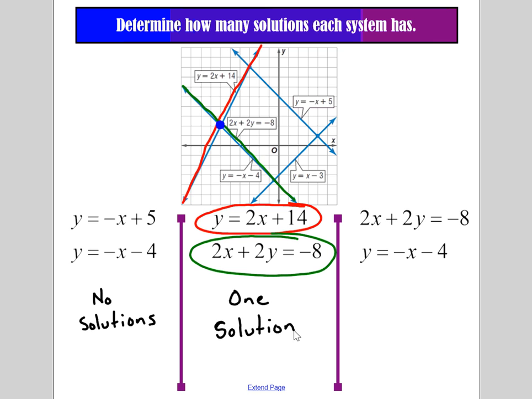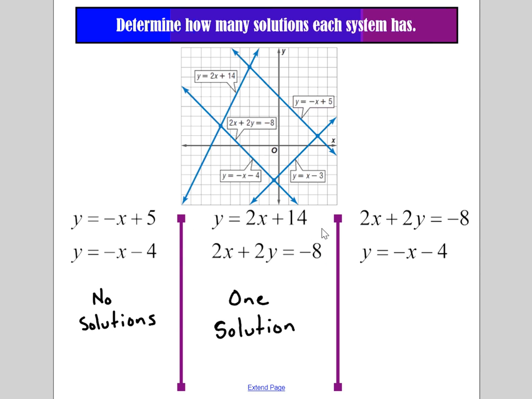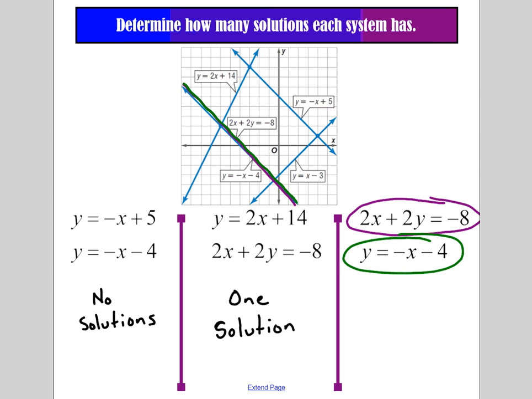And we'll go ahead and erase that. Our next example is 2x plus 2y equals negative 8. So we get this line right here. And we also have y equals negative x minus 4, which is also that line right there. So that is actually the same line. It's right on top of each other.